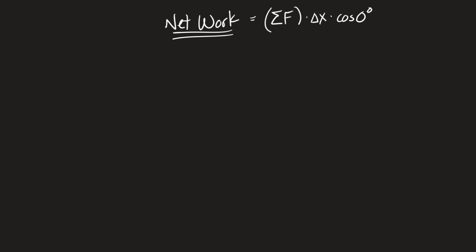If I do just a little bit of substitution, a reminder that net force equals ma, I can substitute here ma for net force. And we're going to have cosine of 0, which suggests then that we can have a cosine that equals 1. Now, do you remember a while ago what this equals?